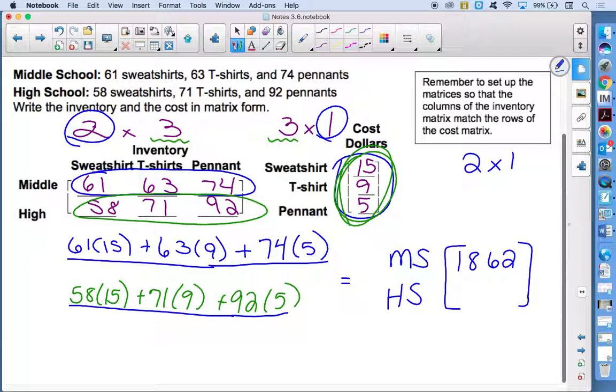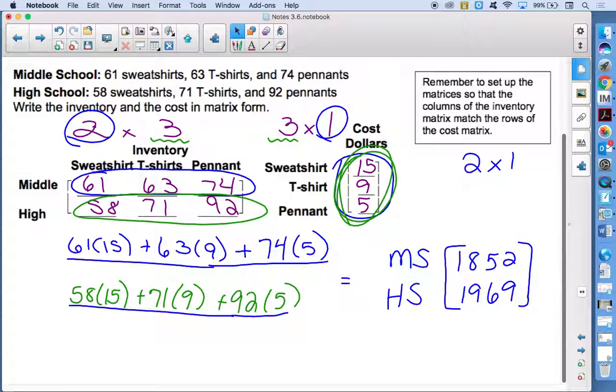Okay, and then the second number? 1,952. You said 19. That's what I just wanted to hear.